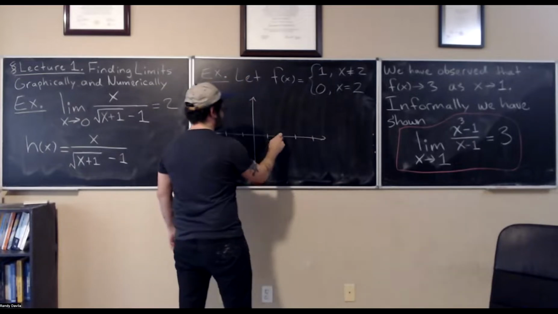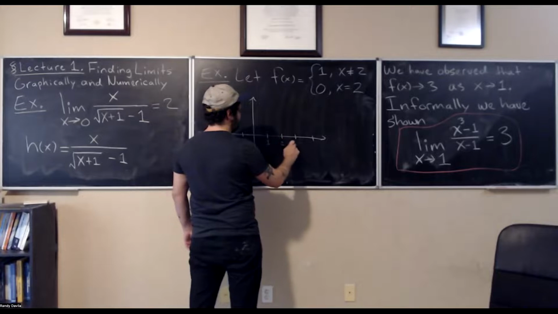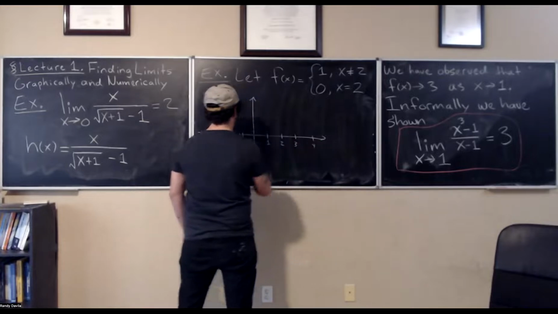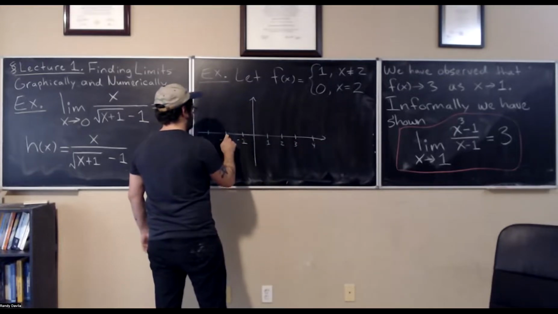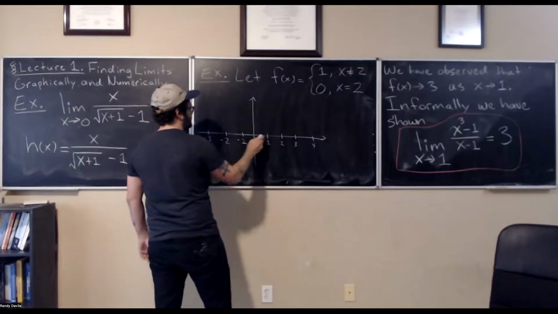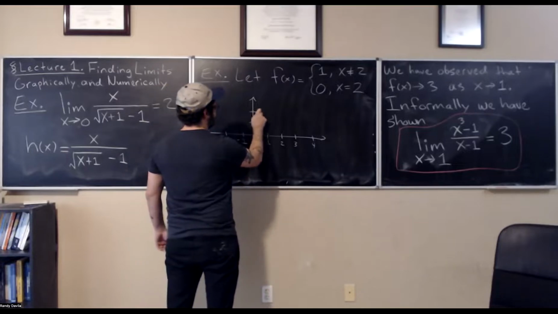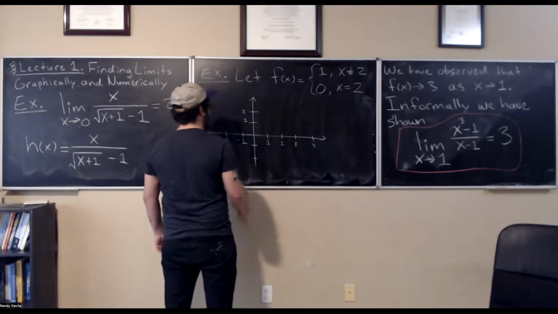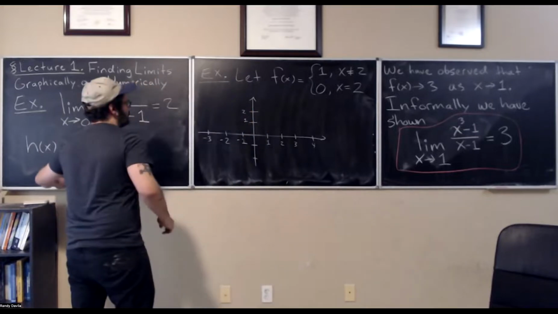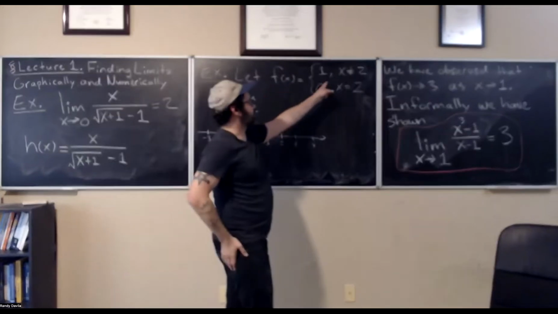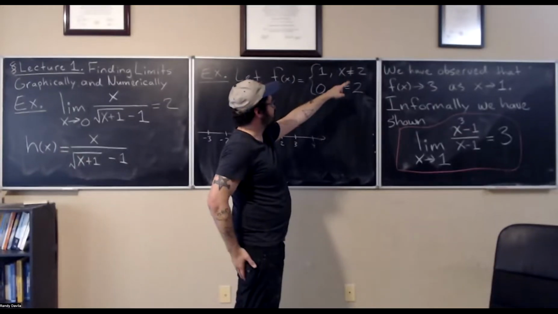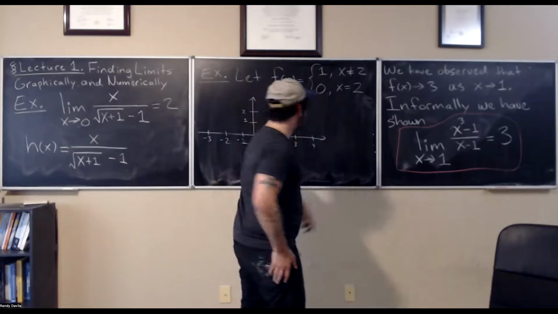So here's x equals 1, 2, 3, 4, -1, -2, -3. This function for all x that are not 2 will be mapped to 1.